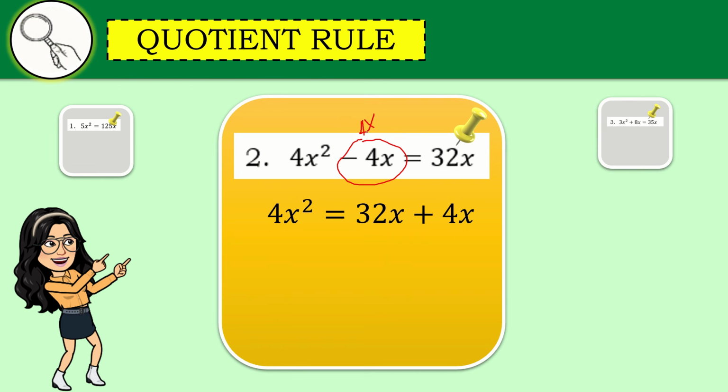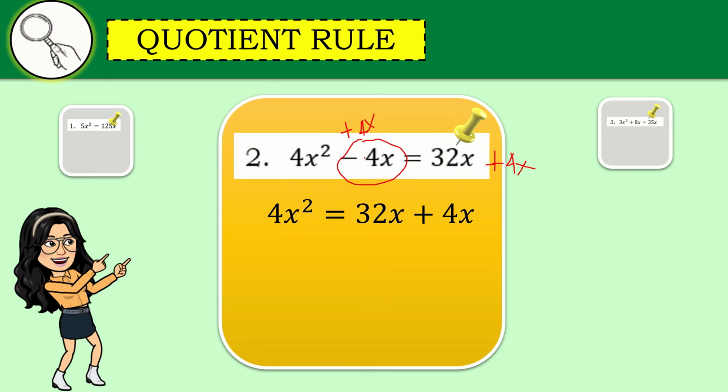At the same time, take note, we used the addition property of equality. On the right side as well, we added the same value, that's 4x. So we have added 4x to the left side, and we've added 4x to the right side.